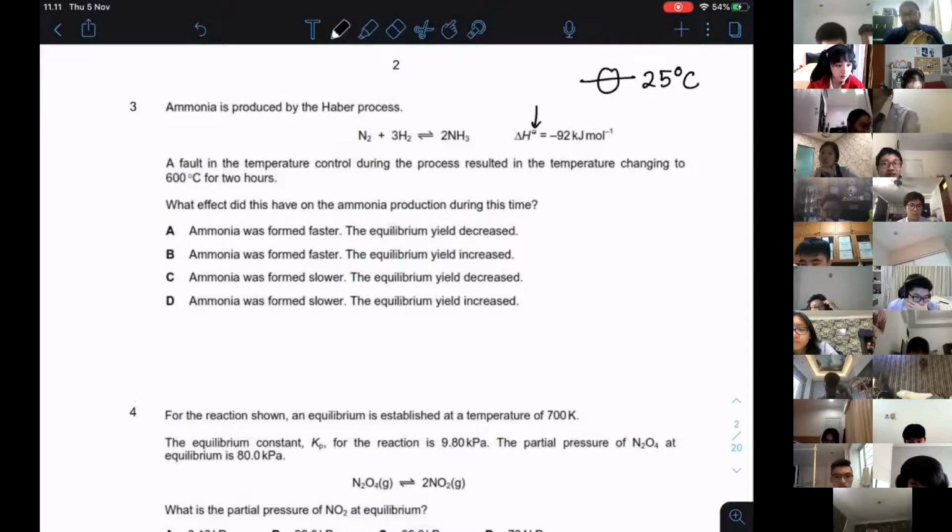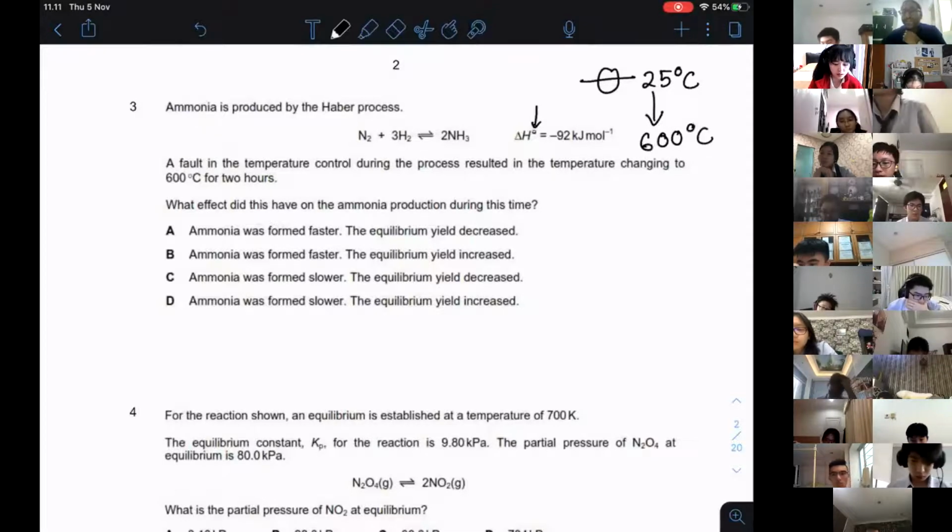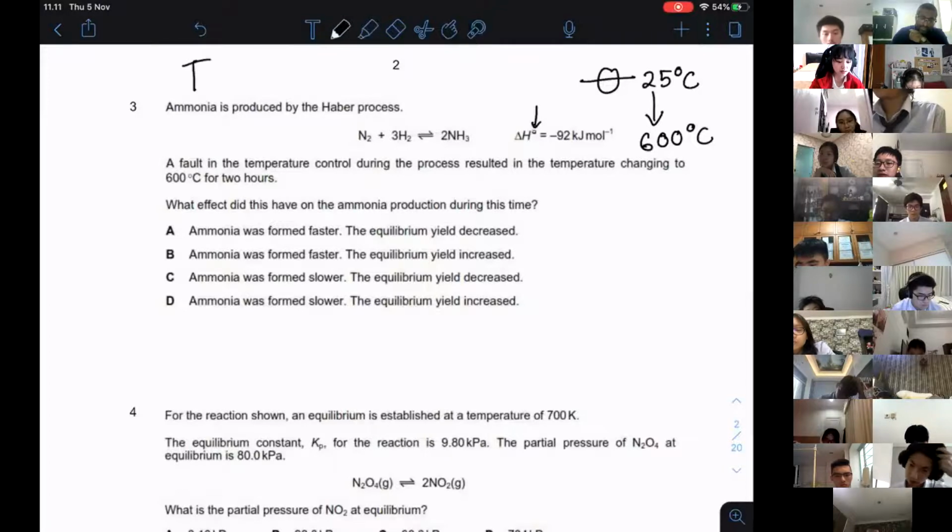So the fault made the temperature become 600 degrees Celsius. So the change in equilibrium is that your temperature is going to be increased.